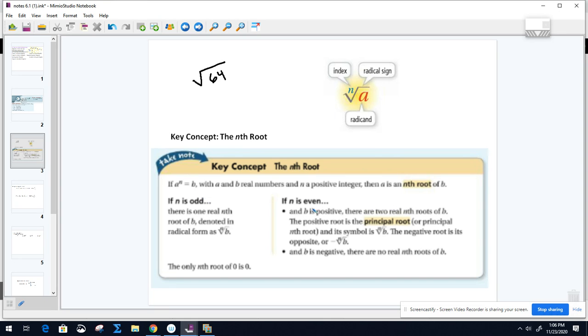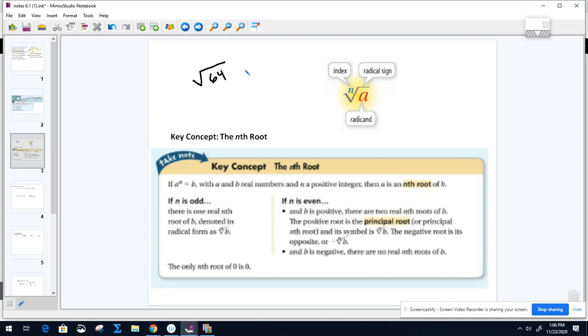If n is even, so I have a square root, a fourth root, a sixth root, and b is positive, okay, so that would mean the number under here is positive, then we have a plus or minus root. Okay, if b is negative, or this value under here is negative, then there is no real nth root. And that's what we had in chapter 4, a negative underneath the radical. We said no real solution.